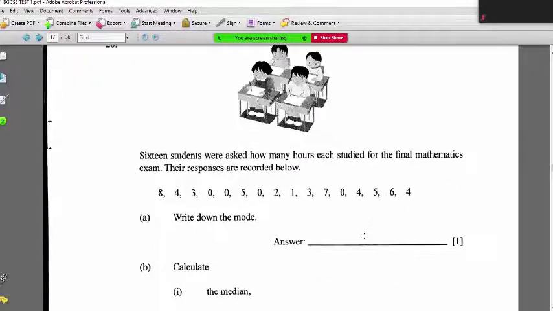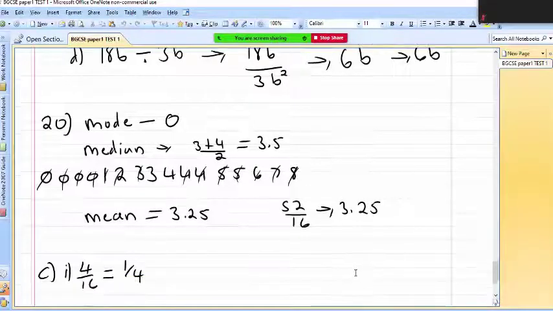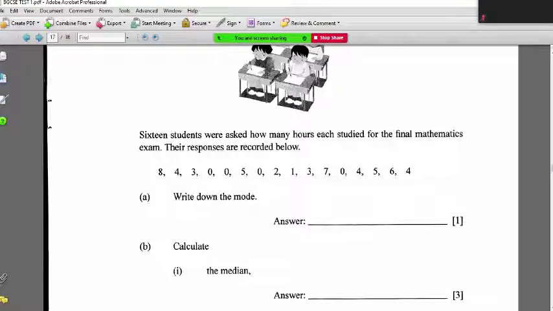The first thing you want to do anytime you do statistics problems like this is rewrite those numbers in order, from the lowest to the highest. So in this case, you have 4 zeros, 1, 2, 3, 4 zeros.